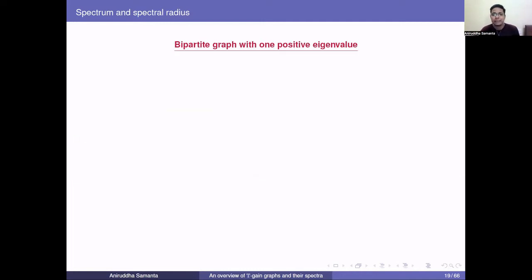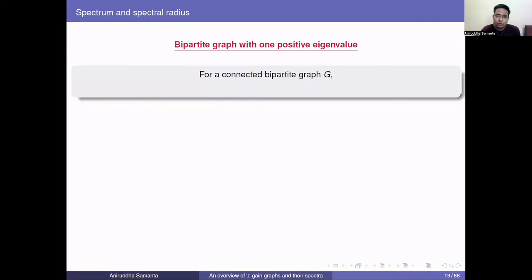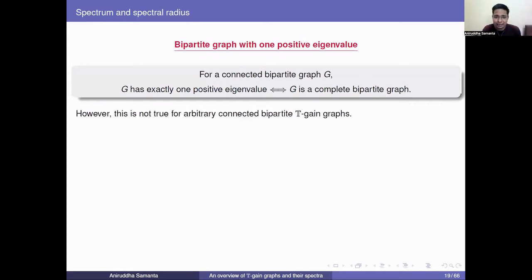Now, bipartite graphs with exactly one positive eigenvalue. For a connected bipartite graph G, we know that G has exactly one positive eigenvalue if and only if G is a complete bipartite graph. However, if we consider T-gain graphs, then it is not true for an arbitrary connected bipartite T-gain graph.